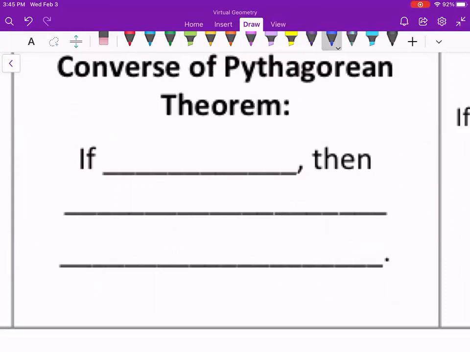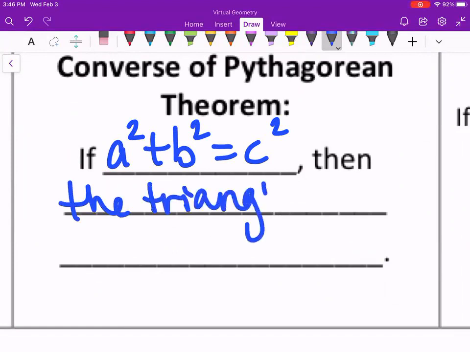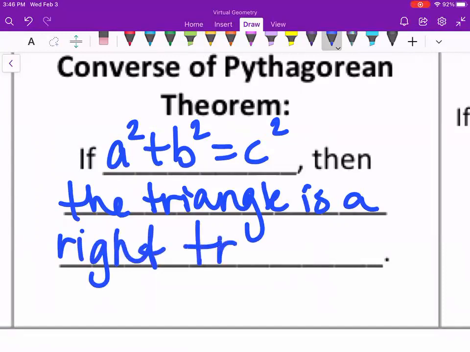So that means if A squared plus B squared is equal to C squared, so if I take the two legs, square them, add them together, and it's the same as the hypotenuse squared, then the triangle has to be right. Is a right triangle. And that is what the converse says.